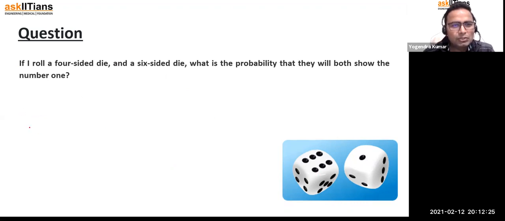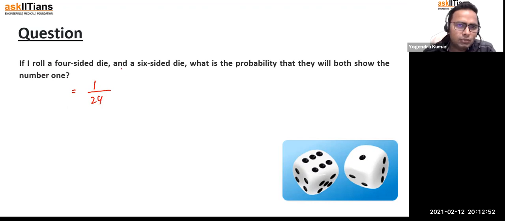Both are showing 1, so that is one outcome, 1 divided by what? Total cases will be 6 into 4, so it should be 24.